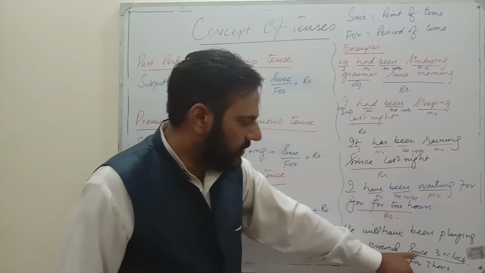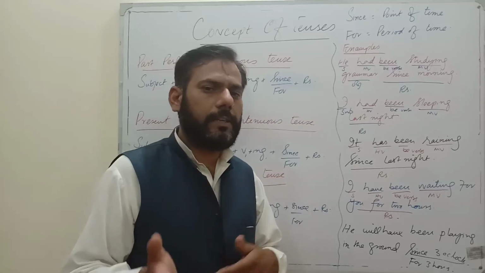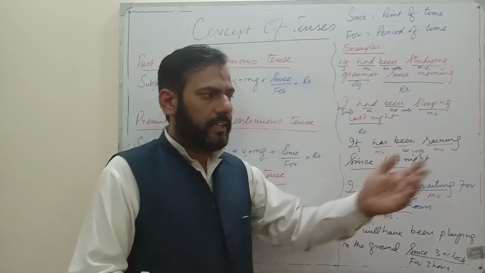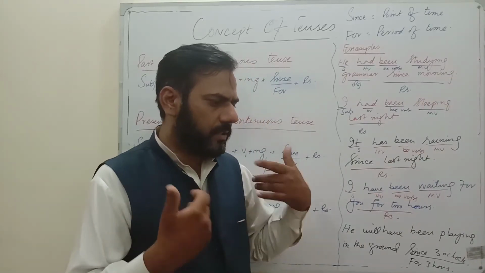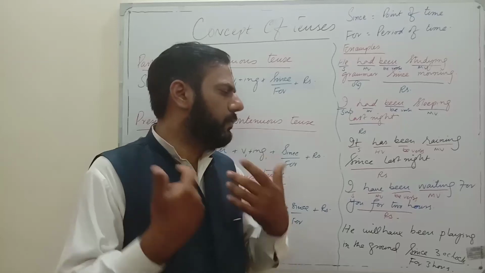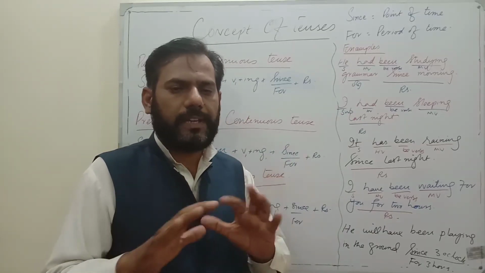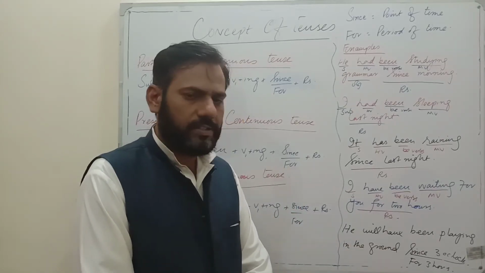Clear? But when since 3 o'clock, it's a very important time, that at 3 o'clock he will start. Clear? Yeah, he is playing right now. It's okay, you can tell it is a future sentence, a kind of future. We can just make an assumption, we can make a guess that he will have been playing in the ground since 3 o'clock.